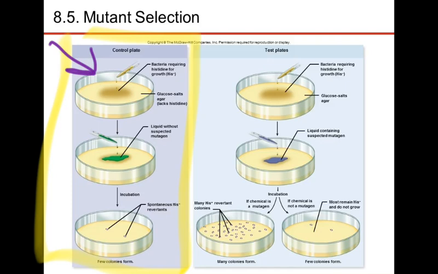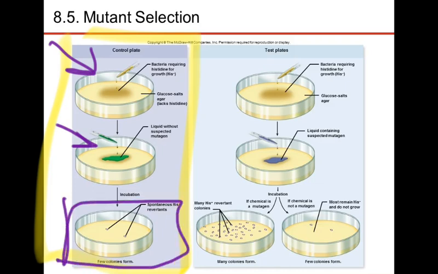And we're working with a histidine auxotroph of Salmonella. So you plate these cells, and they won't be able to grow because they can't make histidine, and there's no histidine in the media. You plate them on that first plate, and then you might add the diluent that you're going to put your suspected mutagen, or at least the chemical you want to test, on those cells as well to simulate the situation. And then you incubate those, and then you look at the plates to see what happened.